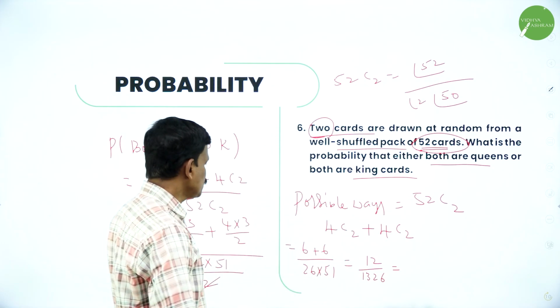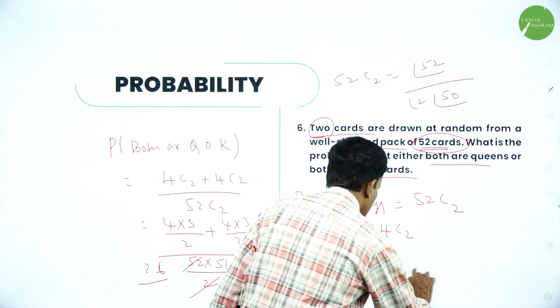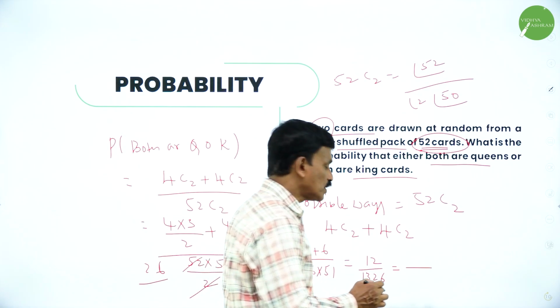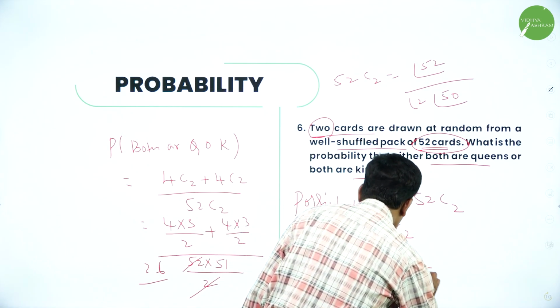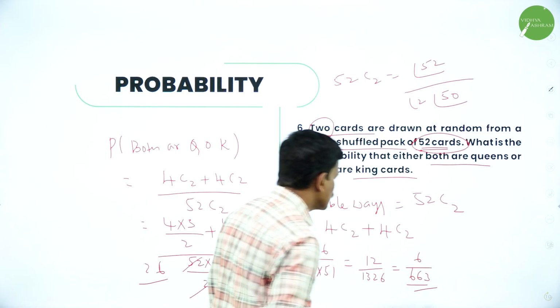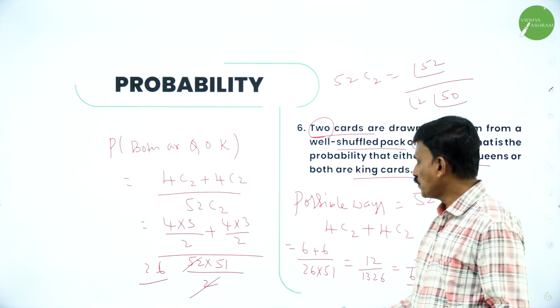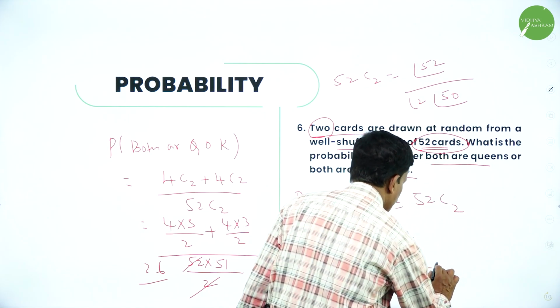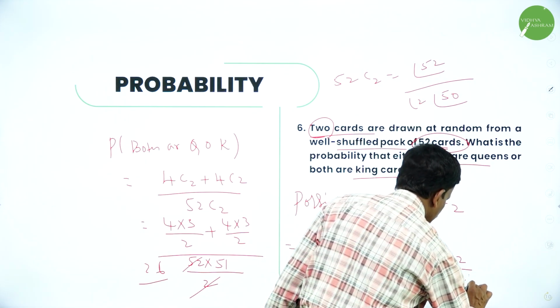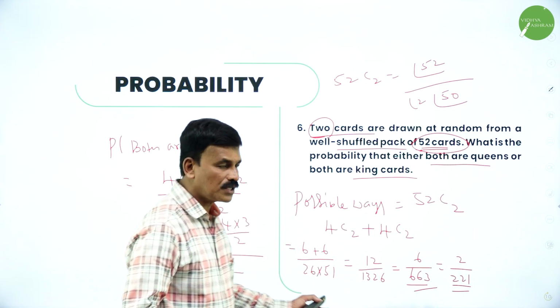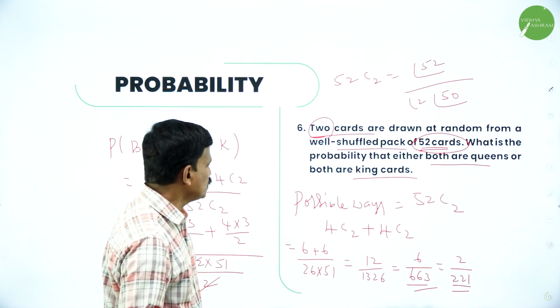If you divide by 2, in the denominator you get 663 and in the numerator 6. So the required answer is 6 divided by 663. If you want, you can further divide by 3 to get 2 by 221. So the final answer is 2 by 221.